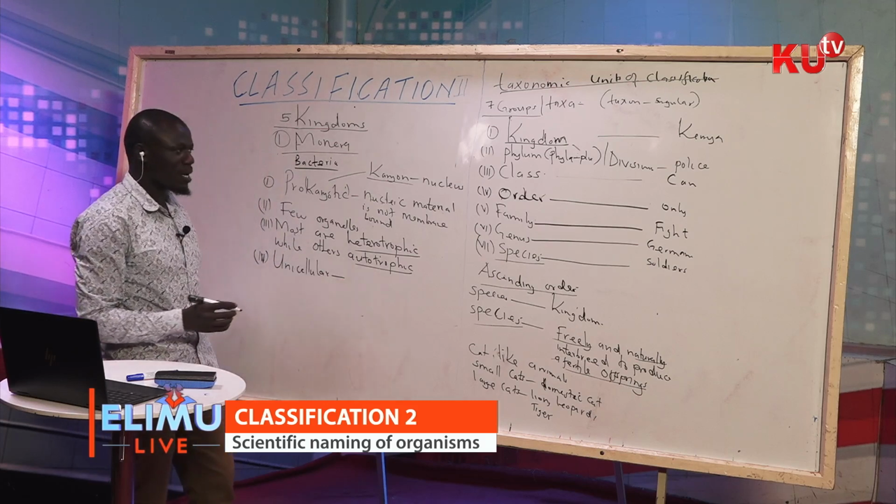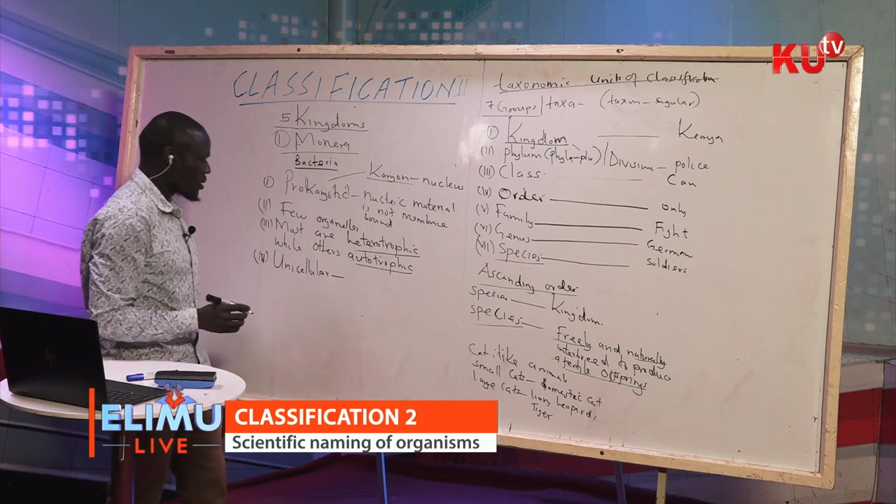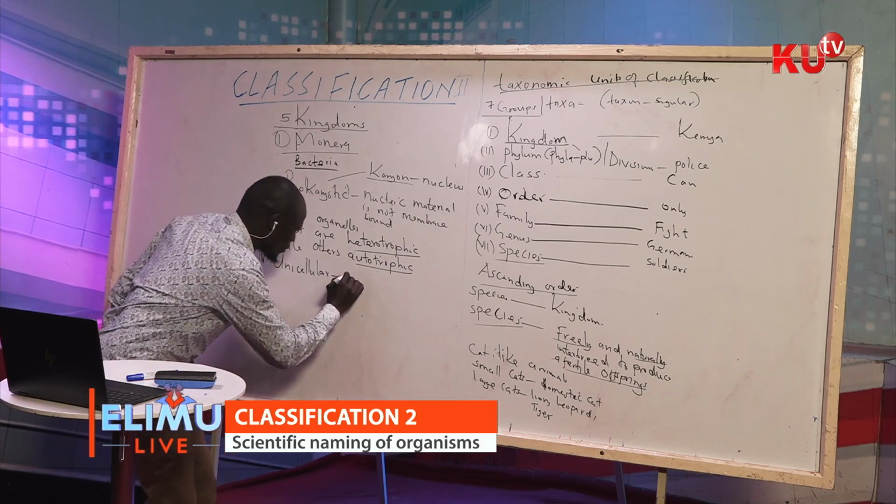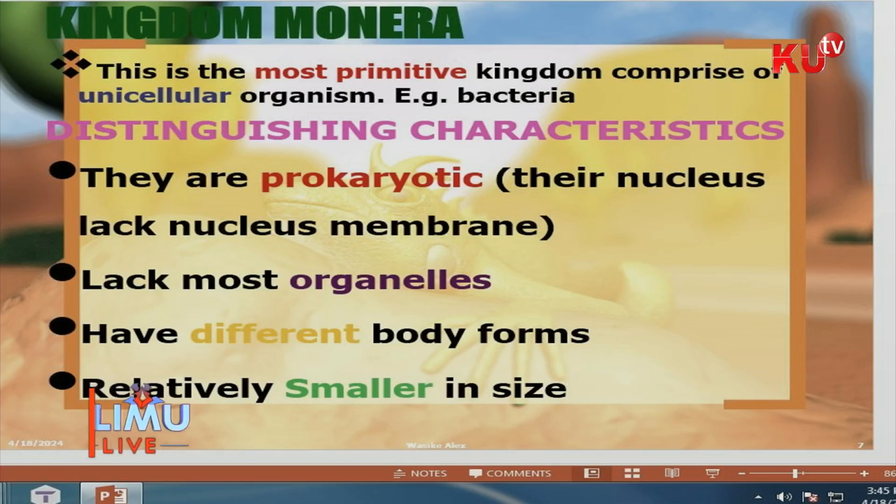They are referred to as single-cell organisms. So the majority of them are made up of one cell, and that is why they are referred to as unicellular organisms.